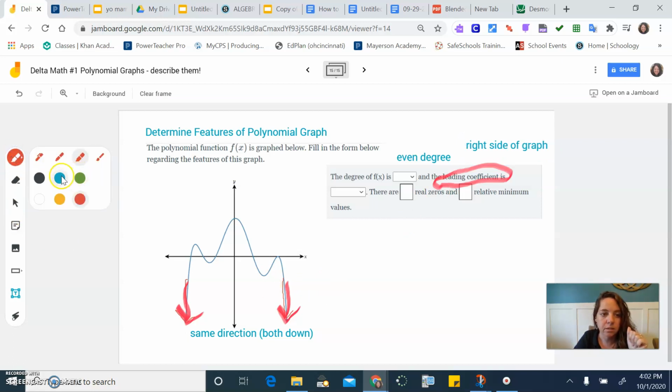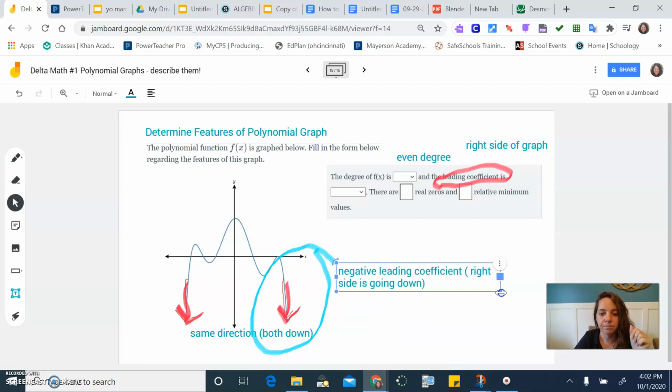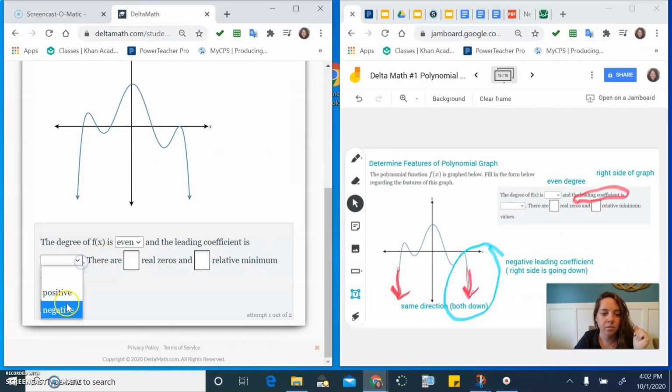Well, the right side of this graph is going down, so that's going to be a negative leading coefficient. And that's again because the right side of the graph is going down. Okay, so when we go back over here, we're going to pick negative.